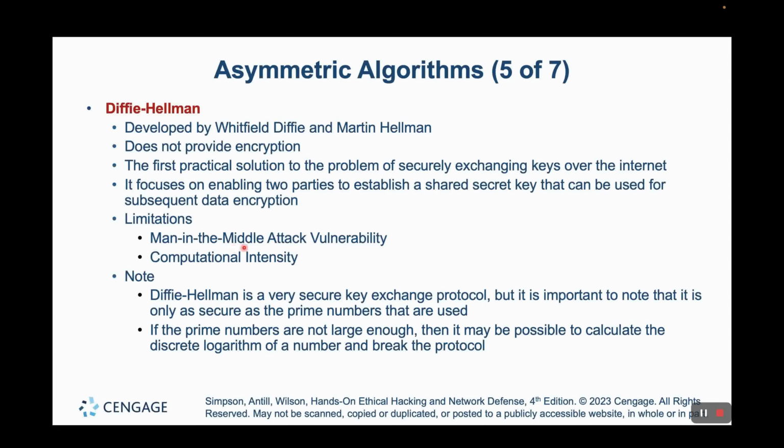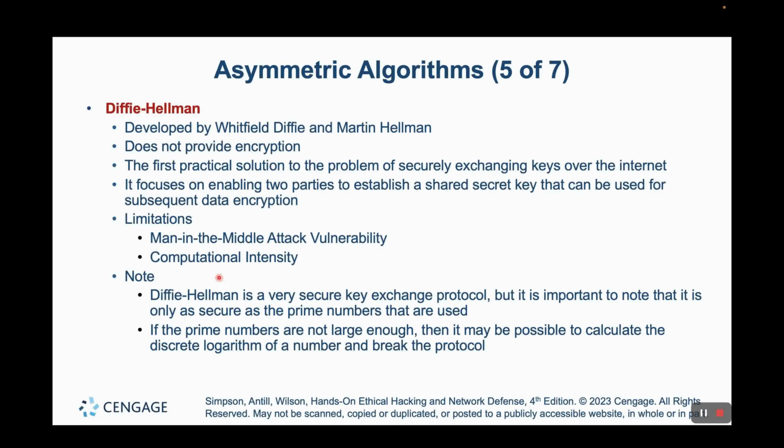Now, there's a limitation. The limitation is man-in-the-middle attack vulnerability. Without a way to authenticate the participants, the protocol is vulnerable to man-in-the-middle attacks. A malicious actor can intercept the key exchange and establish separate shared secrets with both participants. Now, this issue can be mitigated using digital signatures, which is going to be our next topic.